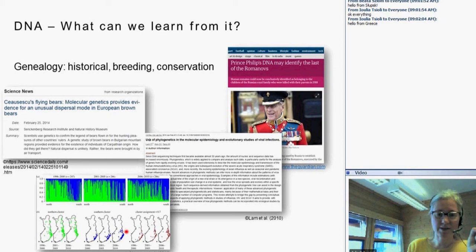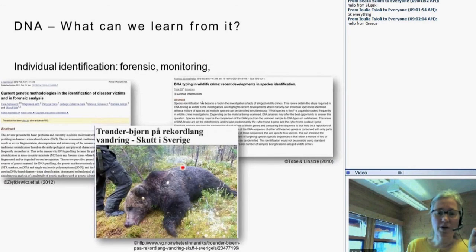This is from bears in Finland. Do the bears come from Russia, or are they original bears from Finland? And we can find out if a bear was shot in Sweden, if that maybe was a Norwegian bear that was identified where I come from, that has traveled to Sweden.